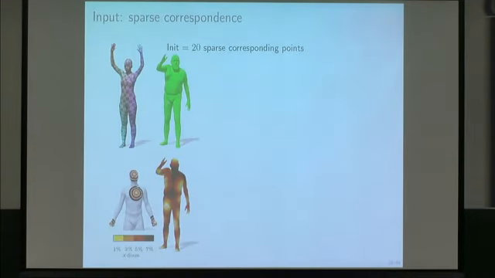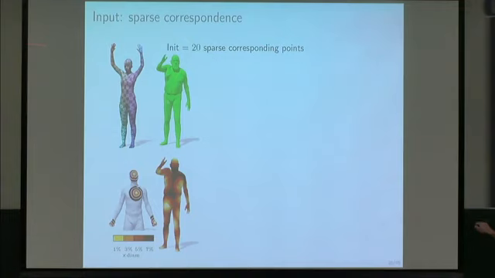Okay, so I will just show you some examples, and then I would like to discuss a few alternative interpretations of this procedure. The input here are 20 sparse corresponding points that are exact. They are taken from the ground truth. Of course, most of the points on the target manifold have no correspondence.